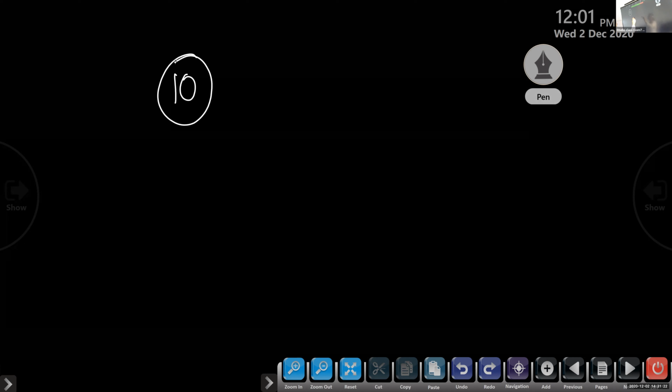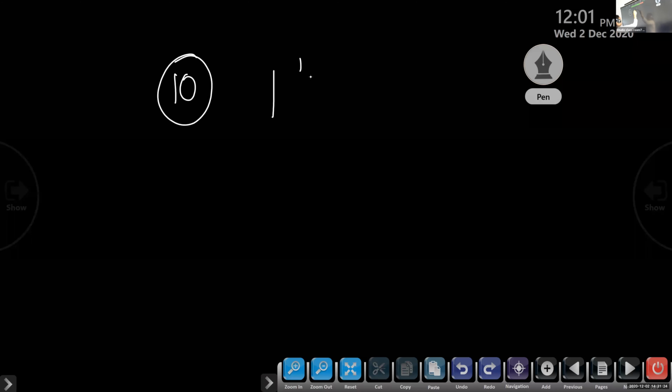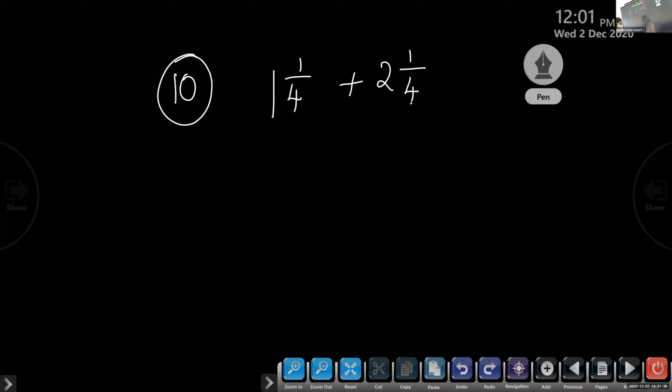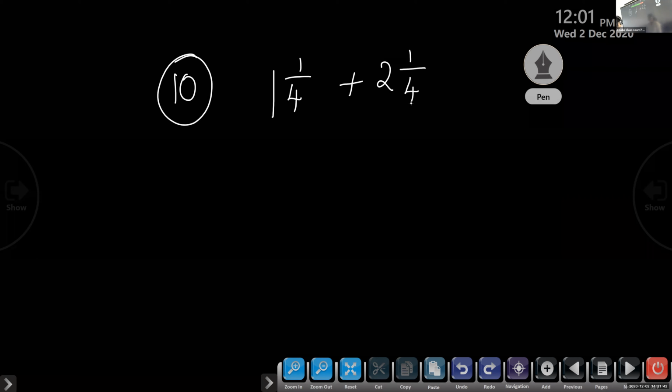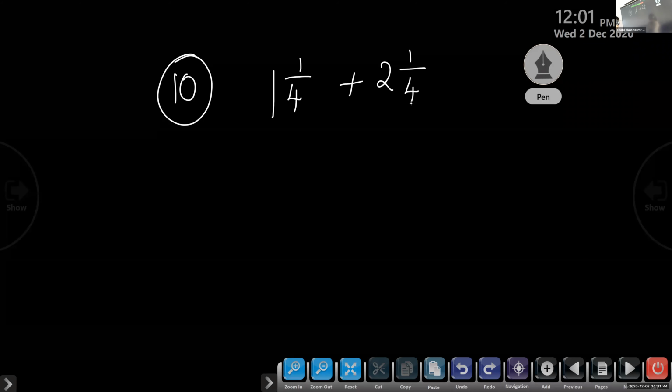So children, the question is 1 and 1 by 4. We have to add with 2 and 1 by 4. First, all the children have to make these into improper fractions. 1 into 4 plus 1. Children, make this into improper fractions.